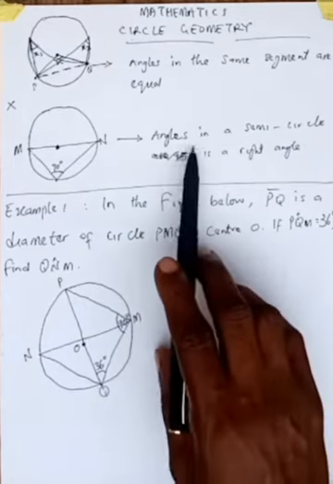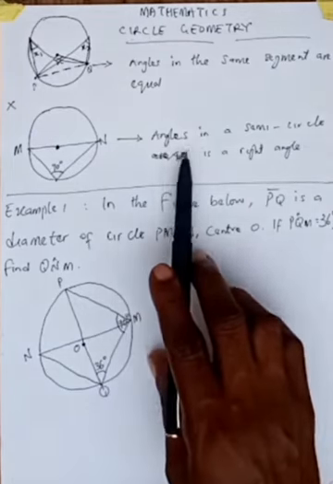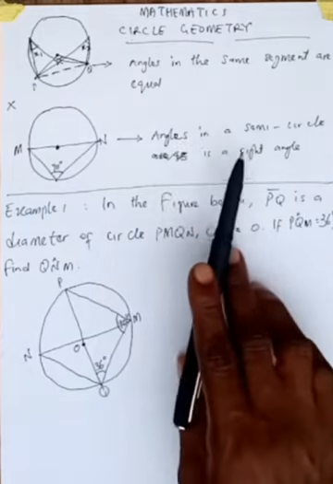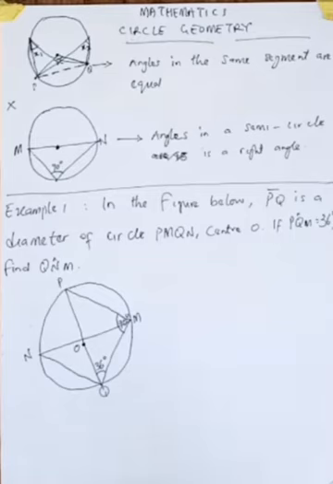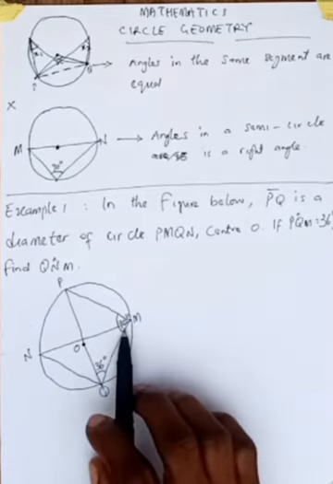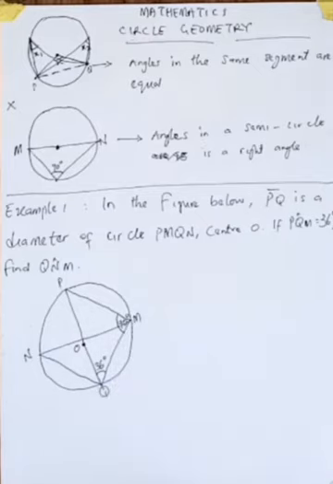That was the reason why it was stated in the theorem that the angle in a semicircle is a right angle. That is, the value of such an angle is going to be equal to 90 degrees, or what we can call the right angle. By that theorem, that's what we can achieve so far.